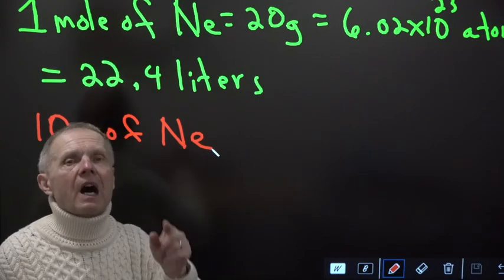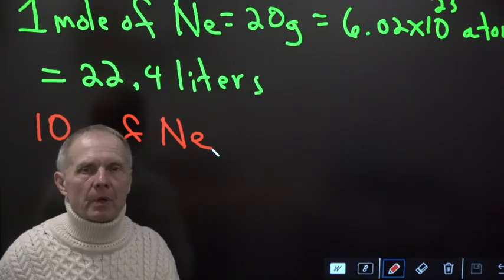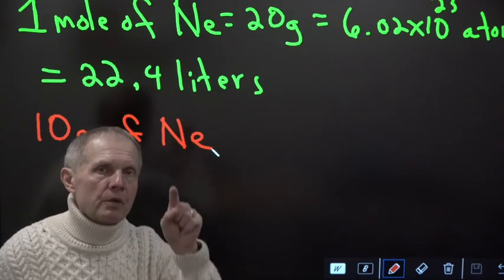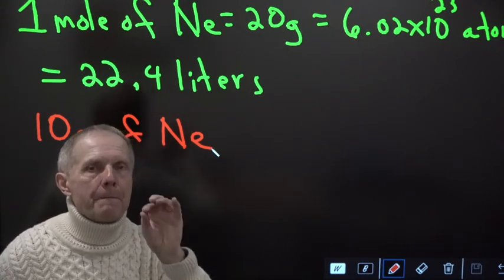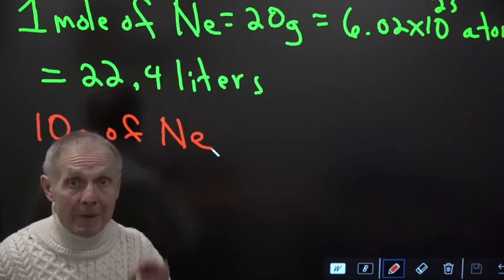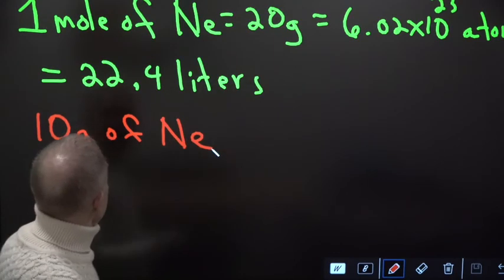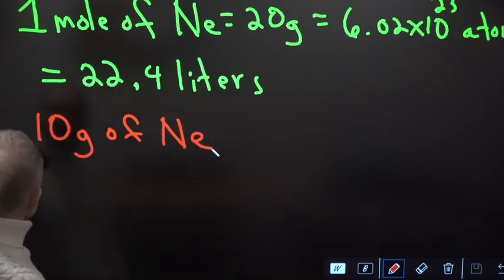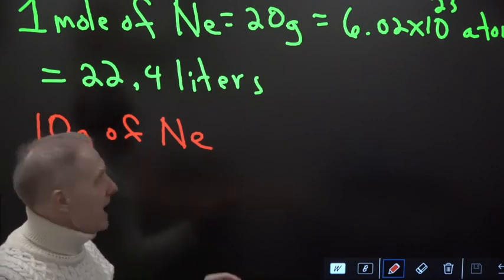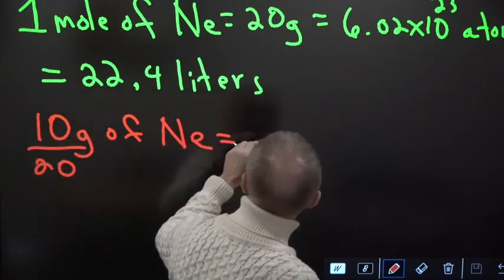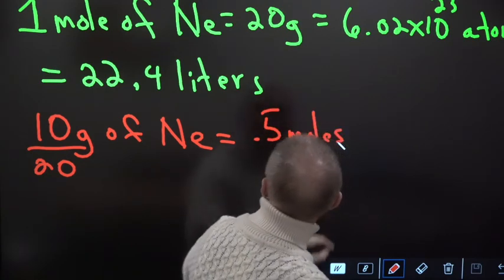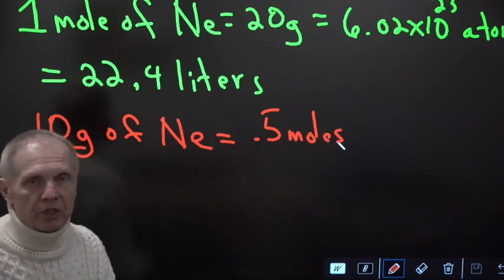So if I give you a gram number and want to find out how many moles, now listen to this, you divide the given by the molar mass. So the molar mass of neon is 20. So what would I do? I would go 10 divided by 20, and we know that that equals a half. So it would be 0.5 moles of neon.